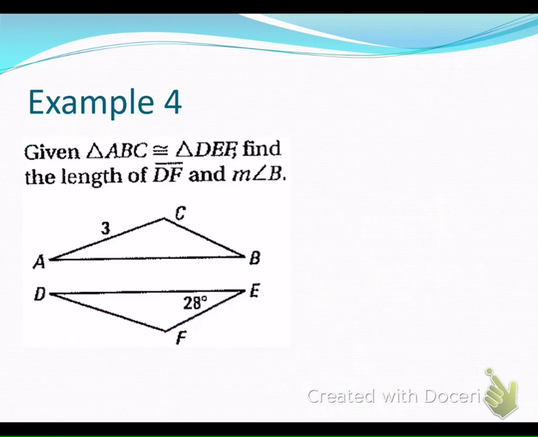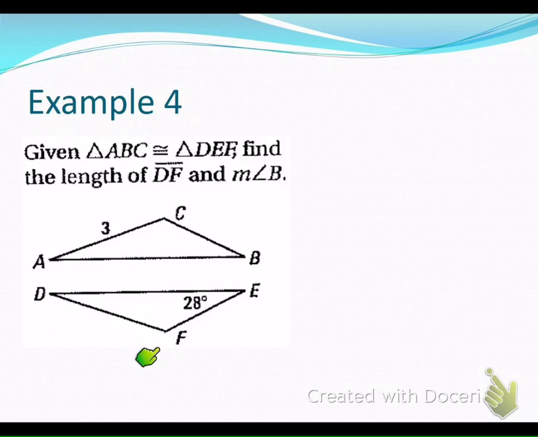4 is just like 2. You're given 2 congruent triangles. You can sort of check it out ahead of time. So triangle ABC is congruent to triangle DEF. So you can sort of see that one flips on top of the other one to line up the corresponding parts. We're trying to find the length of DF.